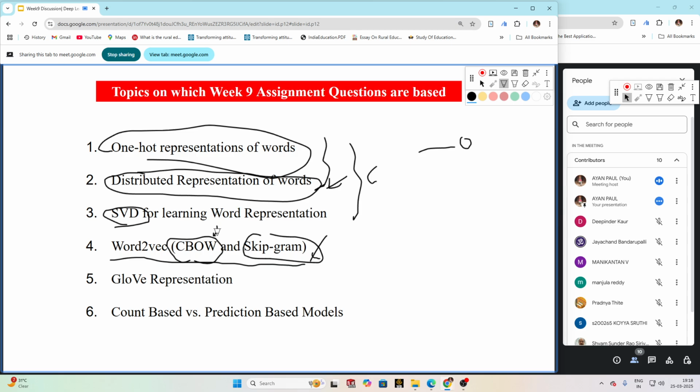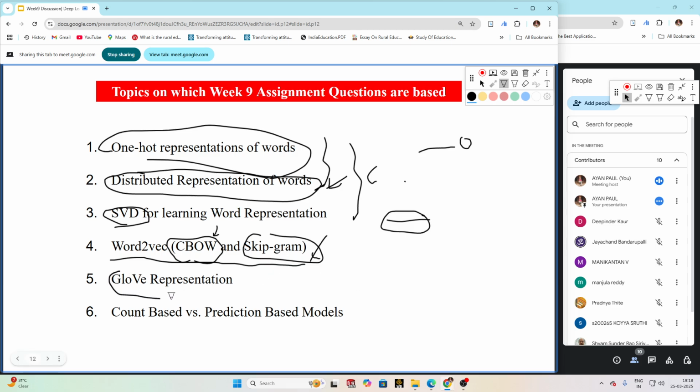In continuous bag of words, we supply the context words as input, and as output we get the word. The skipgram model is the opposite of it. We supply the word as input, and we want as output the context words that can come around the word.